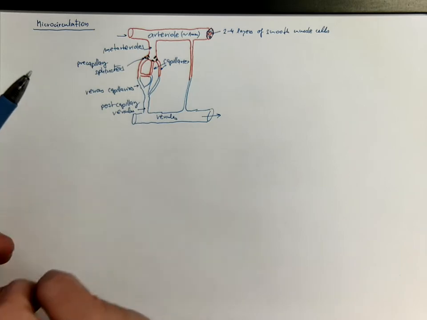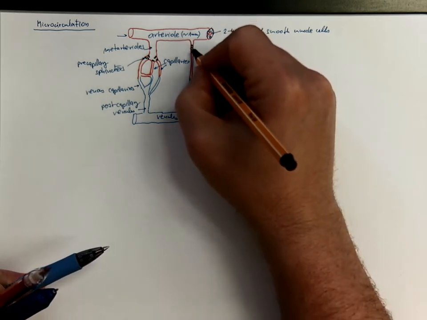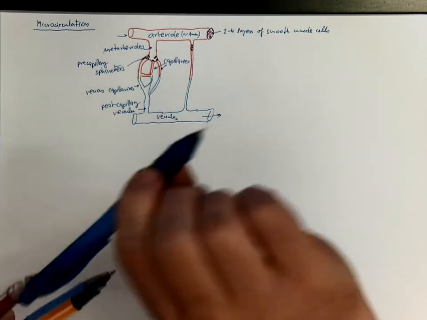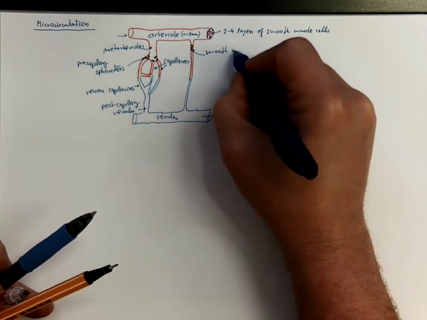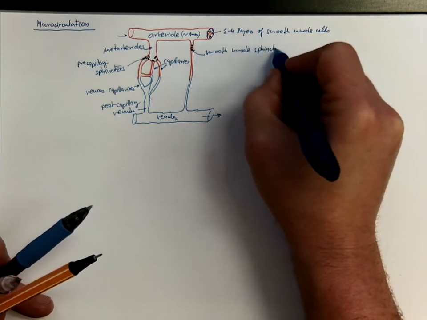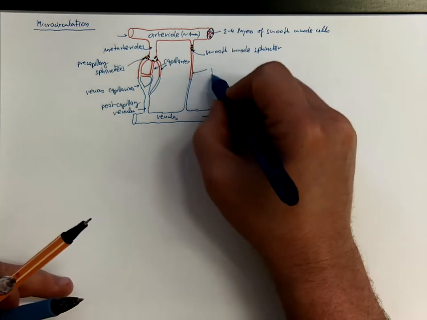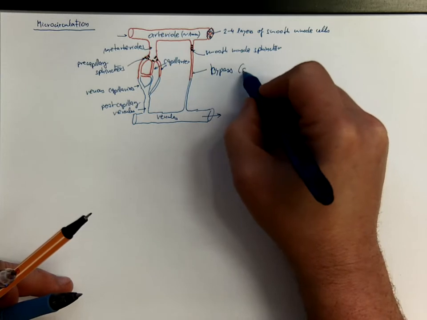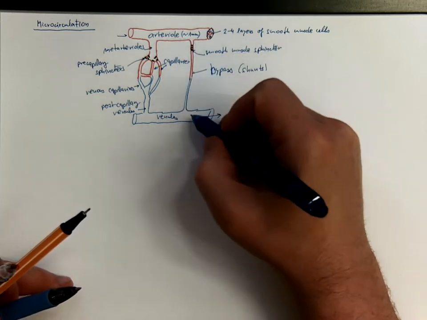They could be opened or closed because they also have smooth muscle sphincters. And they are called bypass vessels or shunts, shortcuts from the arterial to the venous system.